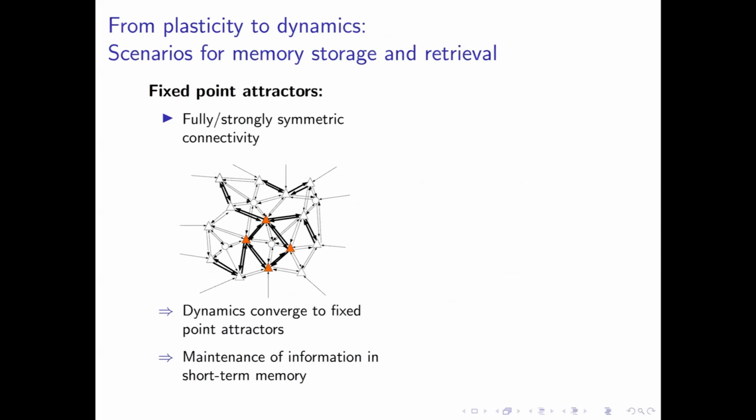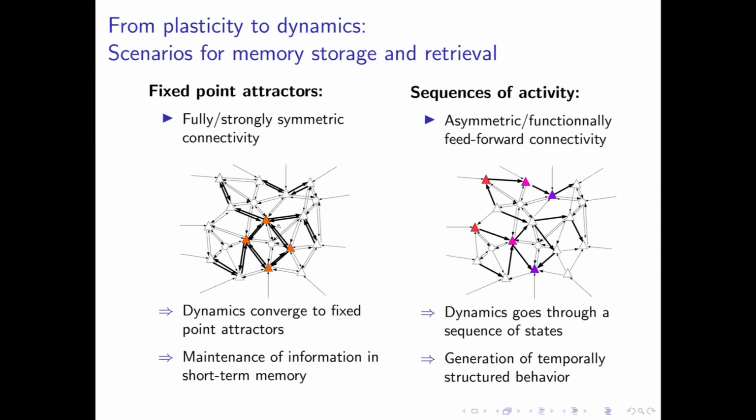That, of course, can be helpful to maintain information in short-term memory. So it's been a kind of classical model for working memory. That can typically be created by temporally symmetric plasticity.